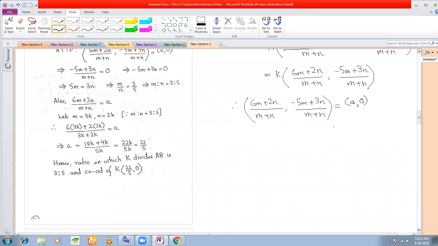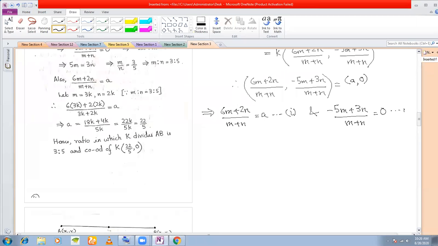Now what happens? We get 6m plus 2n by m plus n is equal to a. Let us call this 1, and minus 5m plus 3n by m plus n must be equal to 0, right? Let us call this equation 2. We start with 2, because I can find m and n from 2.